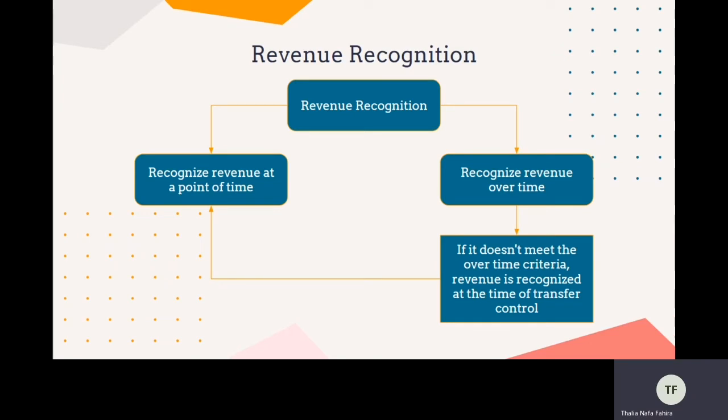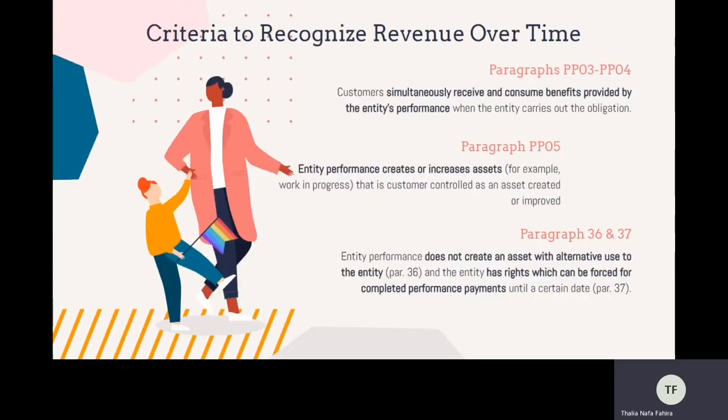And here are the criteria to recognize revenue over time. The first thing is that we need to check whether or not the customer simultaneously receives and consumes the benefits provided by the entity's performance when the entity carries out the obligation. That is based on paragraphs 35(a).